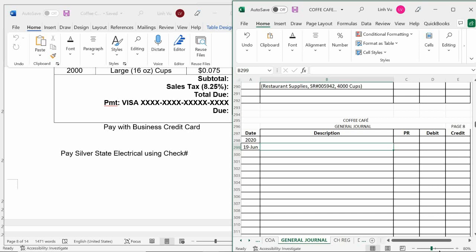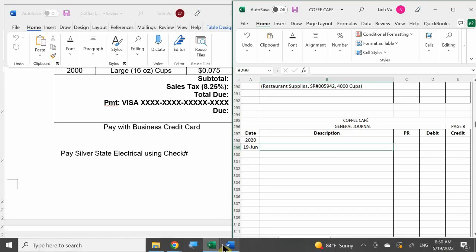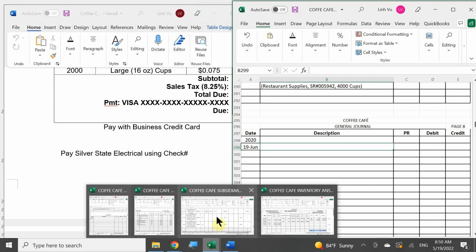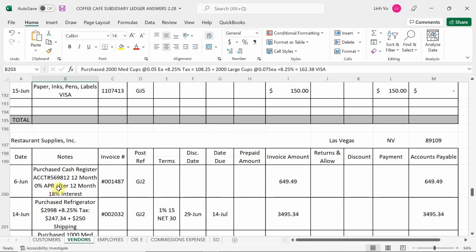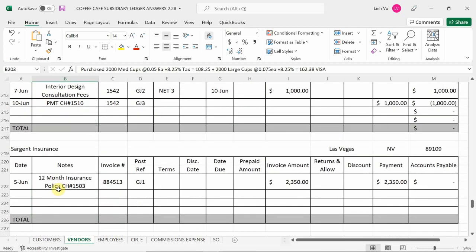How do I know how much I owe Silver State Electrical? Well, just like how I found restaurant supplies, I have to use my subsidiary ledger to look up what information I can get out.